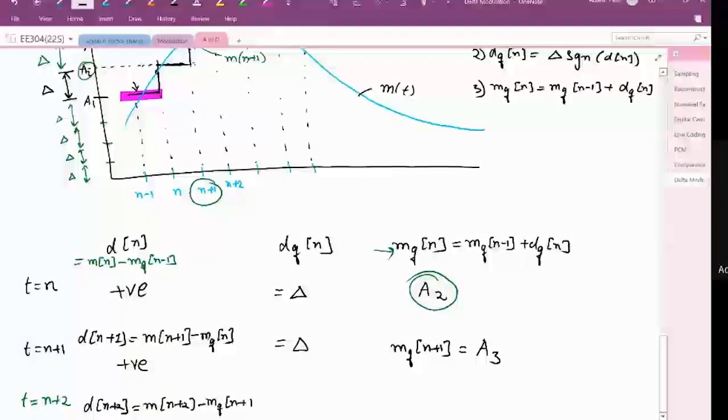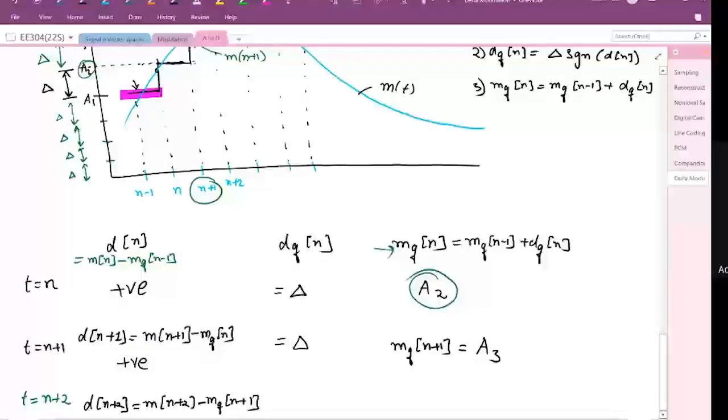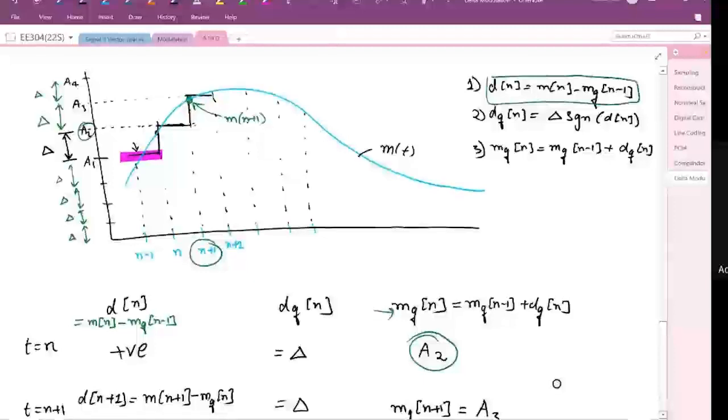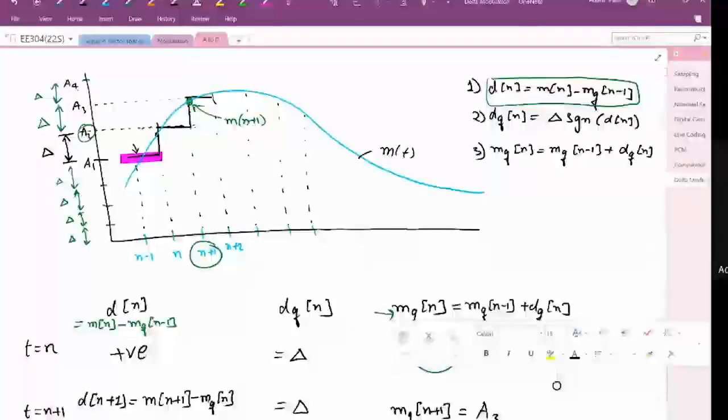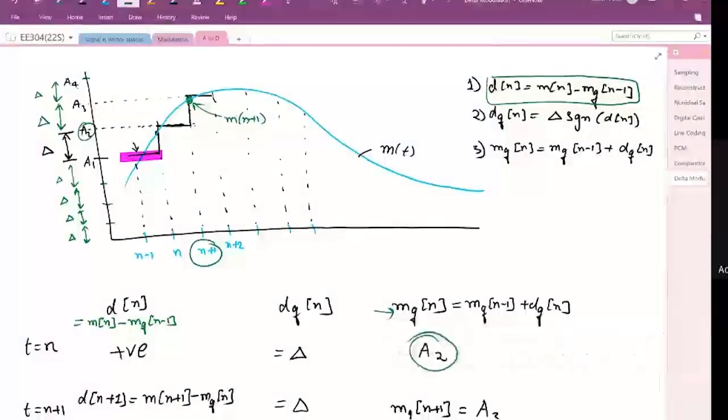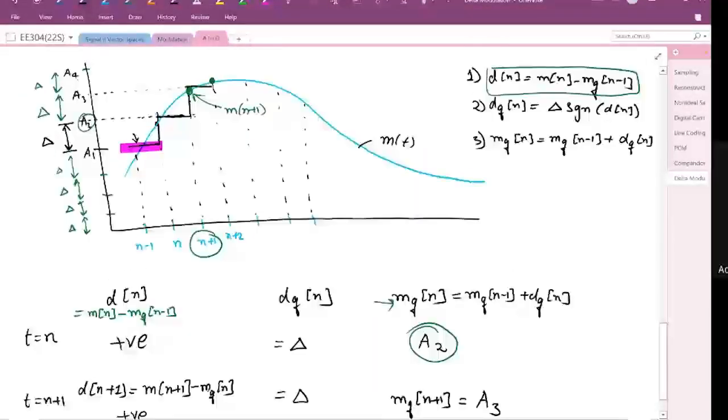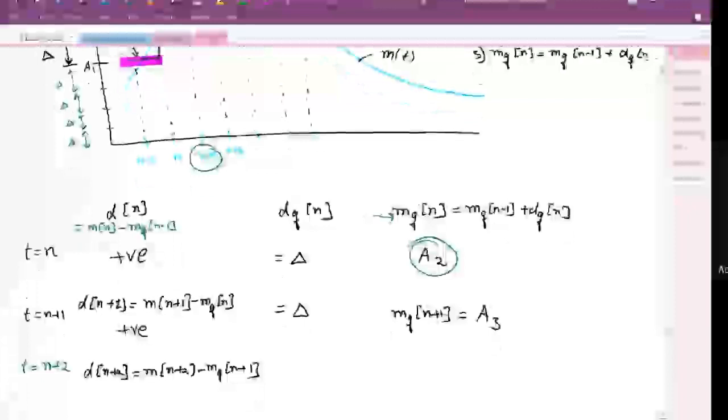n plus 1. And mqn plus 1 is level A3, and mn plus 2 is this point, again in this green, evaluated at point n plus 2. So what is the difference? Is the difference positive or negative?